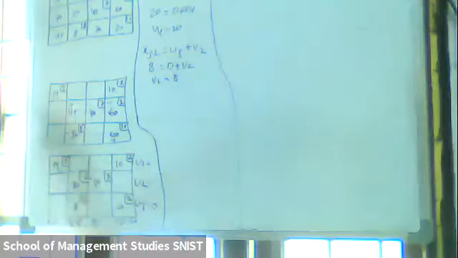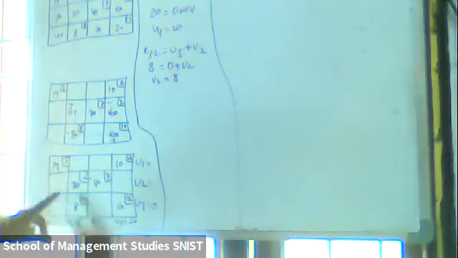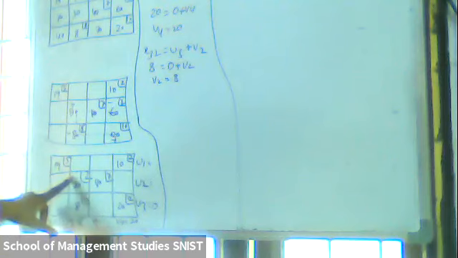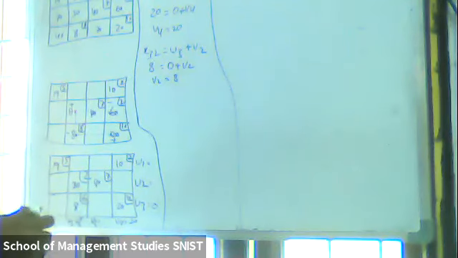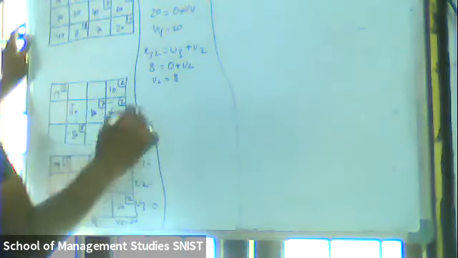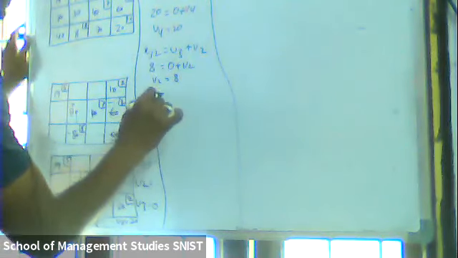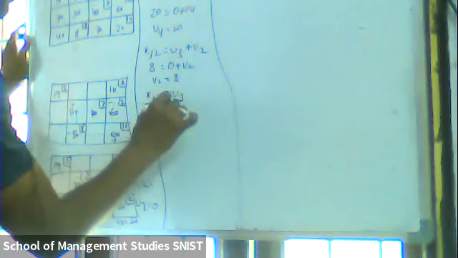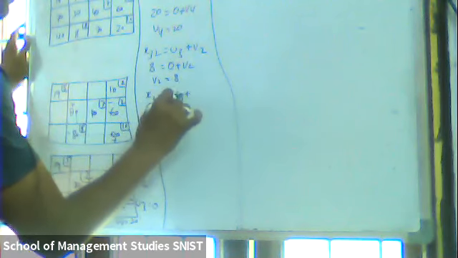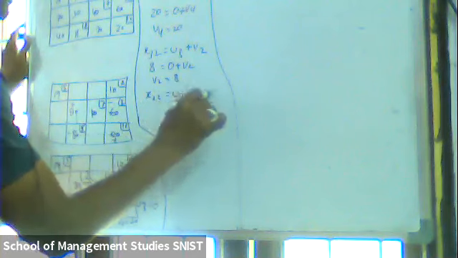Yes, exactly. Now see, you got v2, right? So you can find x22. x22 equals u2 plus v2.